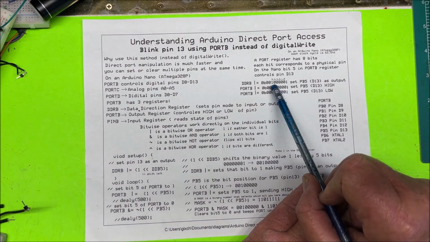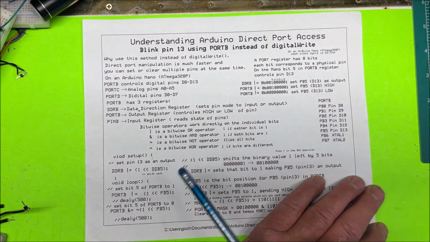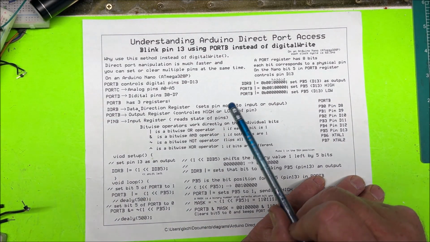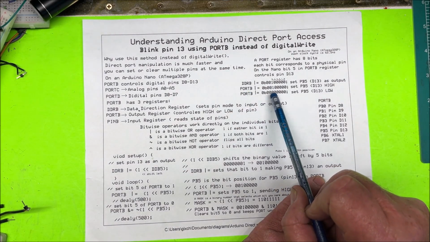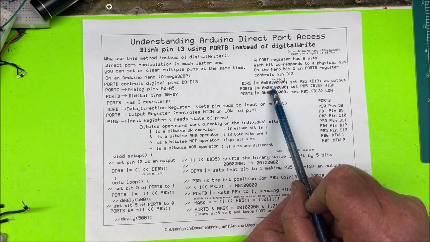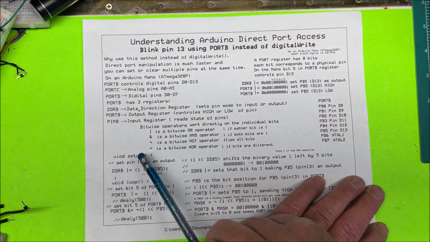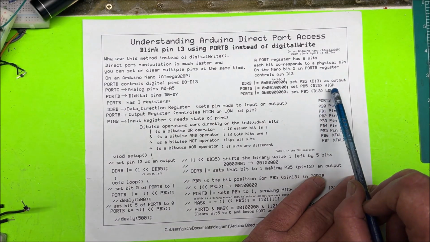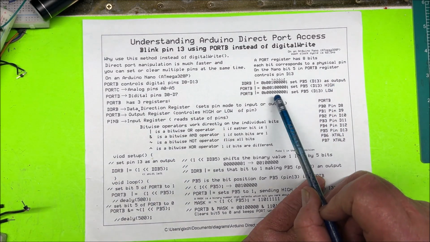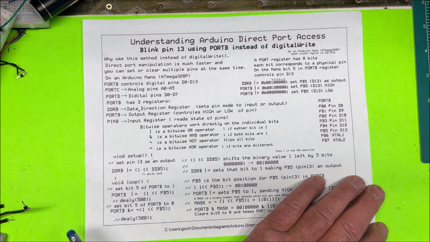If bit 5 here is a 1, then D13 is an output. And then in port B, if bit 5 is a 1, we're going to set the output to high. That's our output register, okay? And then the pin's going to go high. If we make that a 0, then the pin's going to go low, okay?